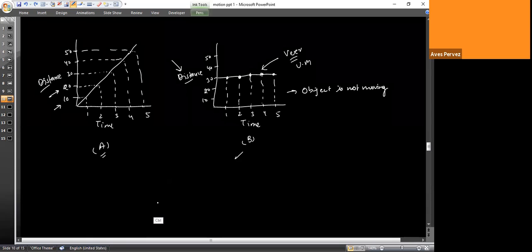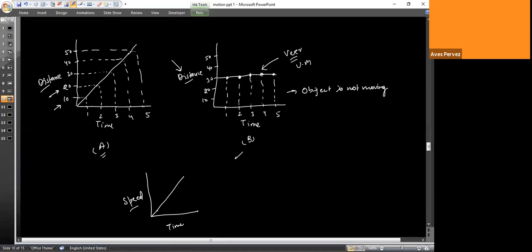If it is a velocity-time graph, or speed-time graph, we'll consider speed and velocity loosely the same, and it is a straight line, this means speed is increasing constantly with time. So that will be non-uniform motion.